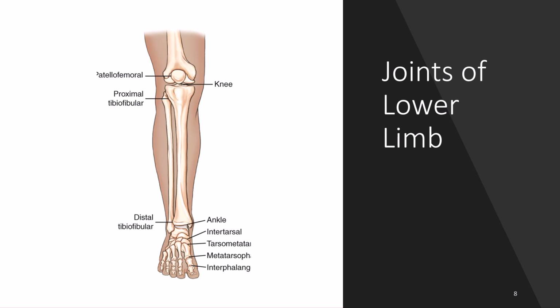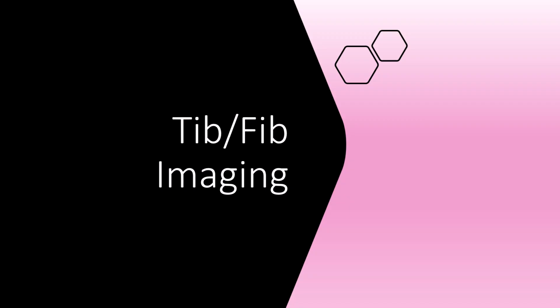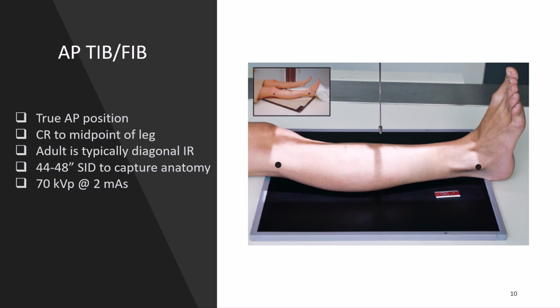If we move on to looking at the imaging of the tibia and the fibula, they are long bones. So remember that long bones require imaging to include the joints at both ends on especially initial imaging, as we've talked about before.